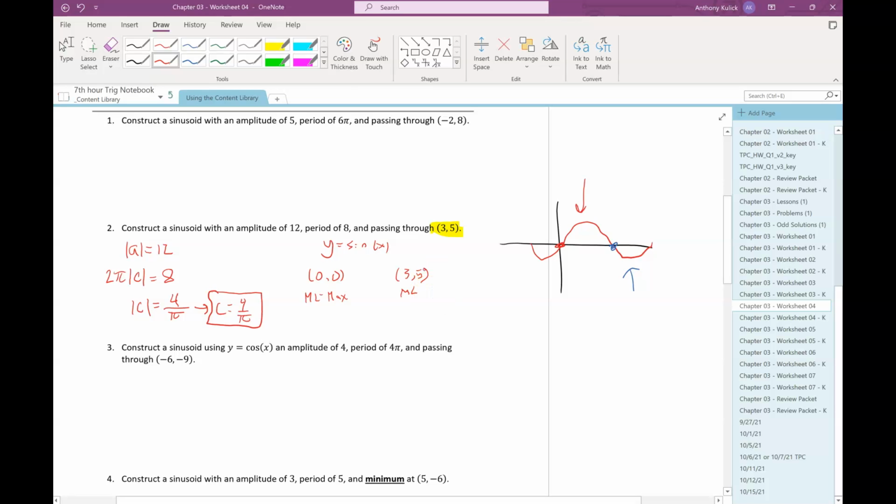3, 5, we're not told what kind of midline point it is, right? So I could choose. I can make it a midline max or I can make it a midline min. It doesn't matter. Both would be okay. Let's say that I chose to do midline max.